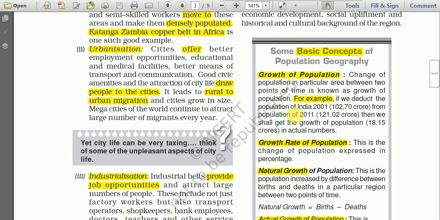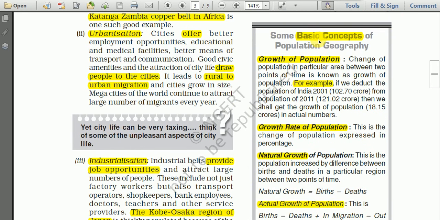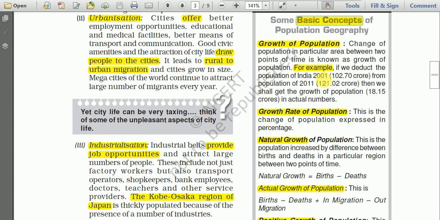And here we have some basic concepts of population geography. Growth of population is the change of population of a particular area between two points of time.